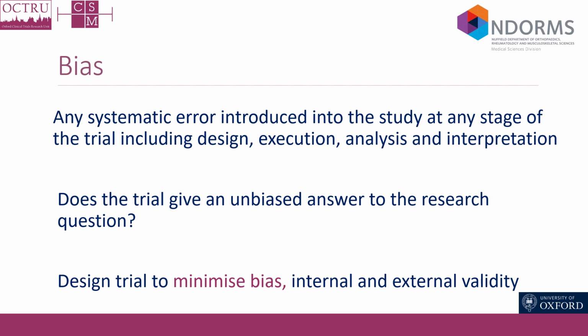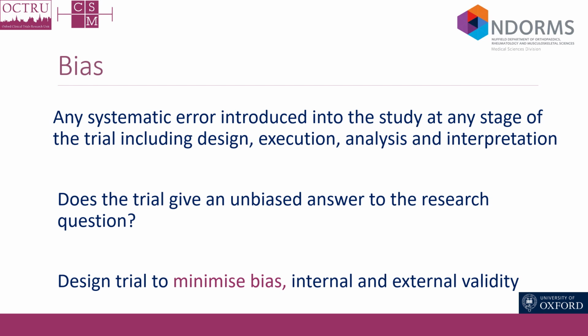And for this, we need to look at internal validity, meaning how well does our trial answer the question that it's set out to answer, and external validity. How well do our trial results apply to the population we want to give the treatment to later on in routine practice? So is what we observe in a sample of trial participants true for the whole population?